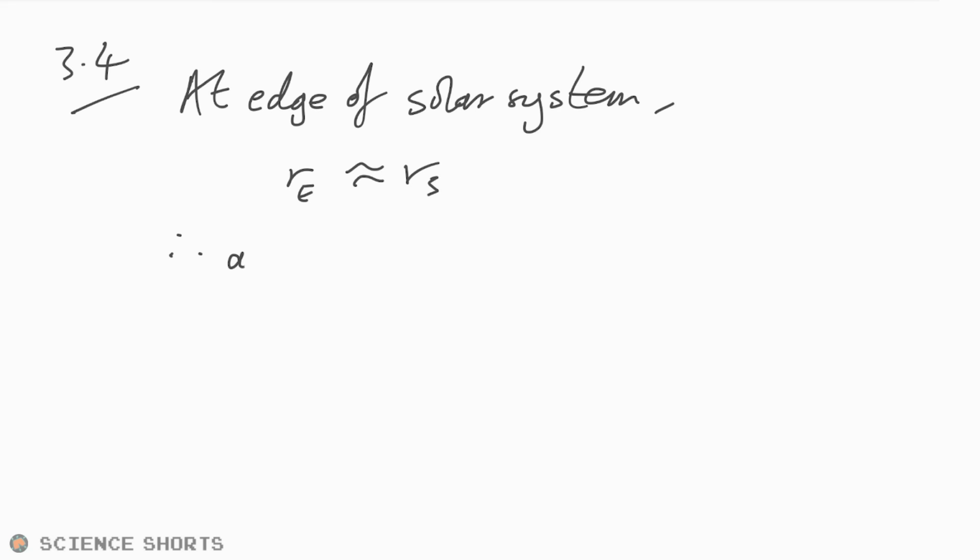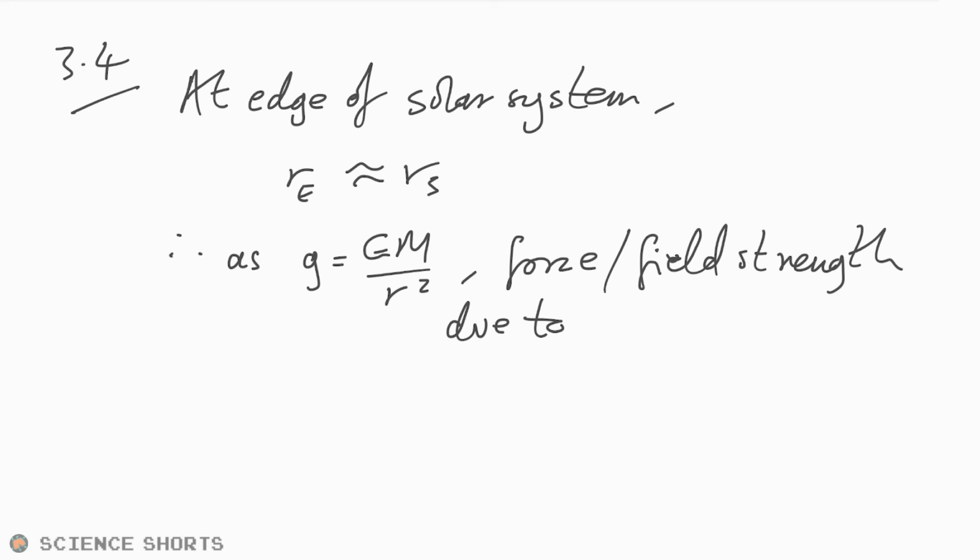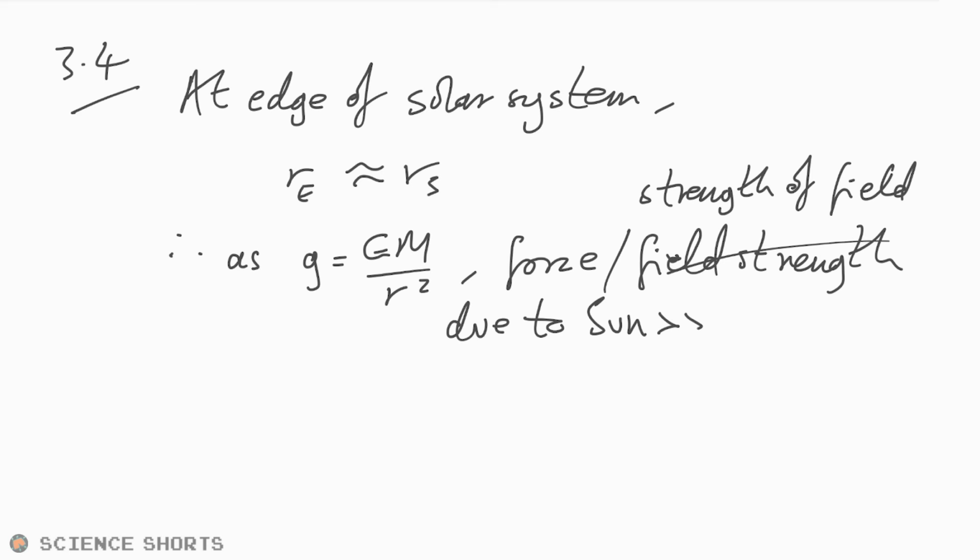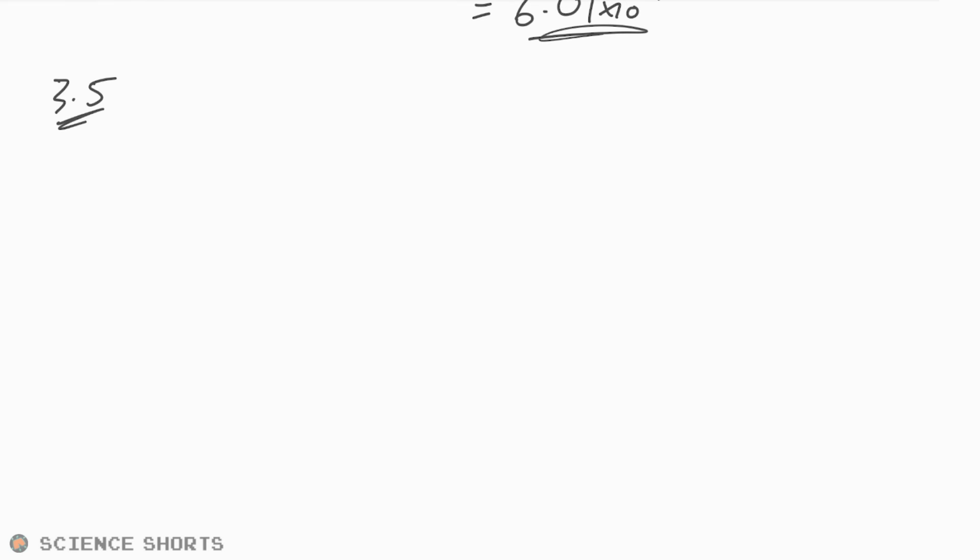So therefore, as G is equal to GM over R squared, the strength of field due to the Sun is a lot greater than that due to the Earth. There we go. 3.5. It reaches where gravitational influence is negligible.